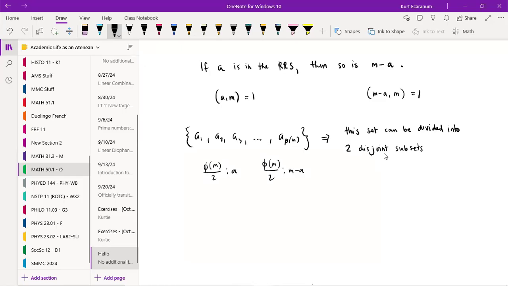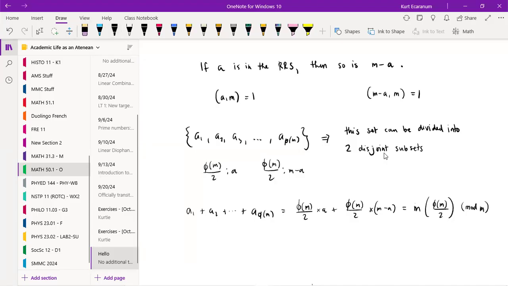And kapag sinum natin yun, di ba, parang ganito, yung sum na tinutukoy natin would be phi of M over 2 times A plus phi of M over 2 times M minus A equals M times phi of M over 2, modulo M, which is 0. Okay?